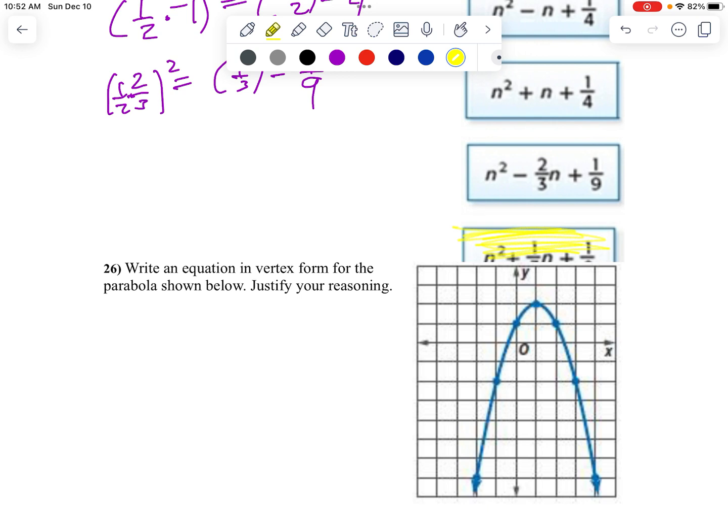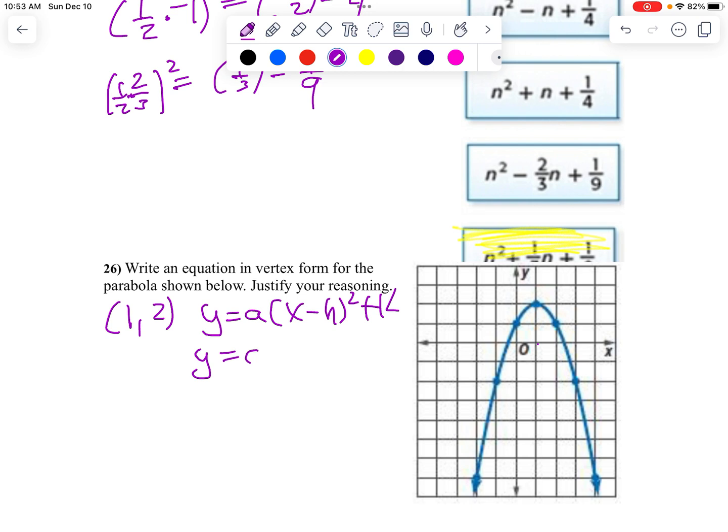Okay, we want to write the equation in vertex form for the parabola. Well, I'm going to find my vertex. I want to write in vertex form. Notice it's over 1 and up 2. So my vertex is 1, 2. So when I write that as y equals a times x minus h, the quantity squared, plus k, I can write it as y equals a times x minus 1 squared plus 2.